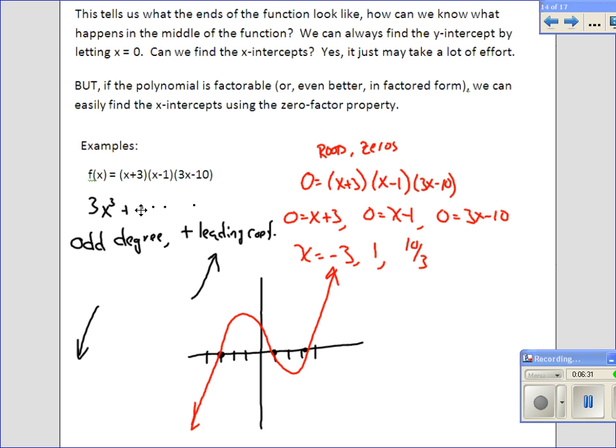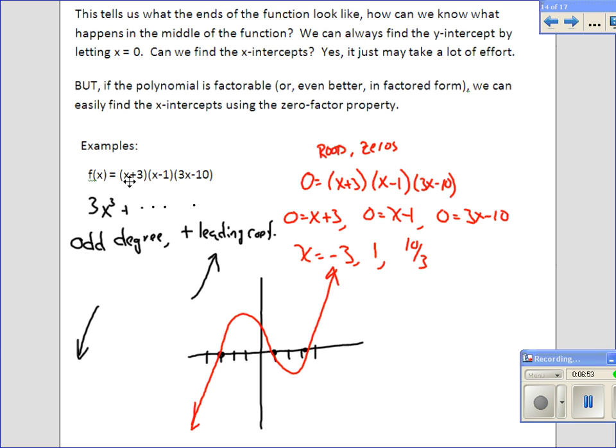So if we have a factored polynomial, f of x equals blah, blah, blah, if we were to FOIL this all out, we'd get 3x cubed plus blah, blah, blah. So this is going to have an odd degree, because the exponent is odd, and a positive leading coefficient because the 3 is positive. So we know it's going to be increasing here to the right, decreasing to the left.